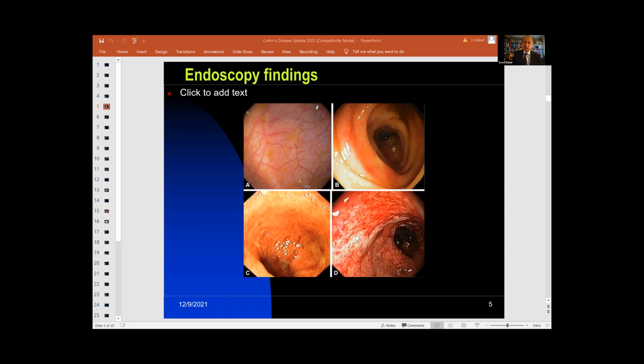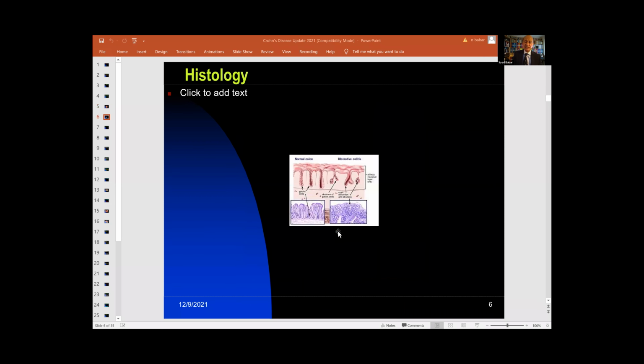There would be presence of pus, and there will be denudation, loss of epithelium, loss of mucosa. And so therefore there will be bare patches as well. So these are features that you would see in various stages of relapsed Crohn's disease.